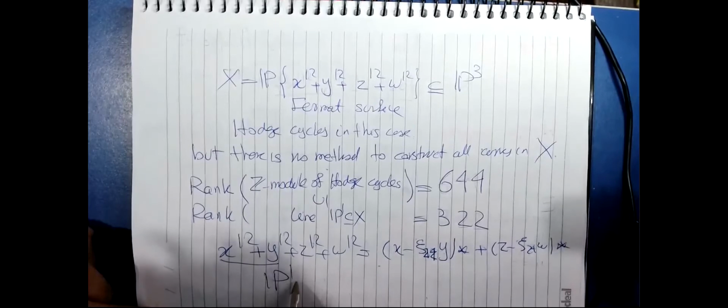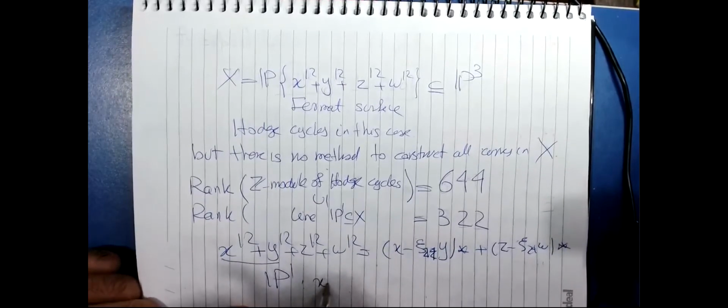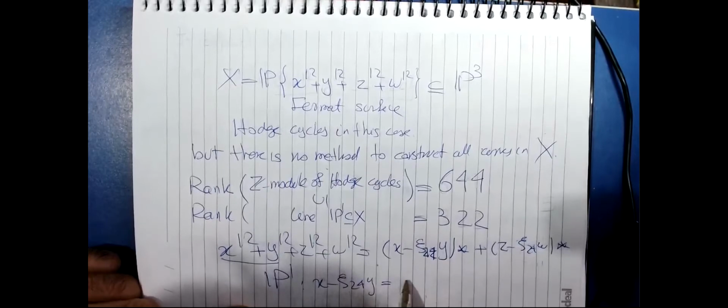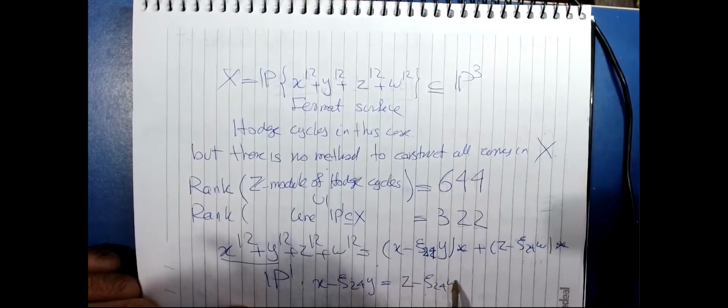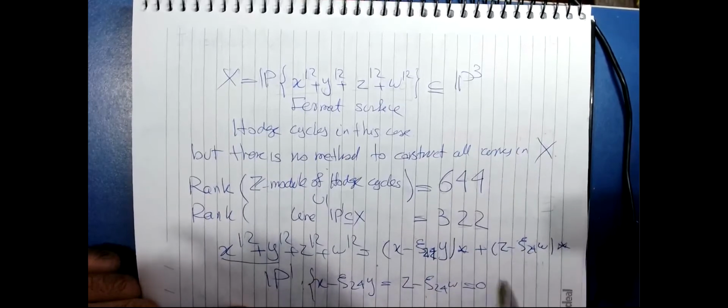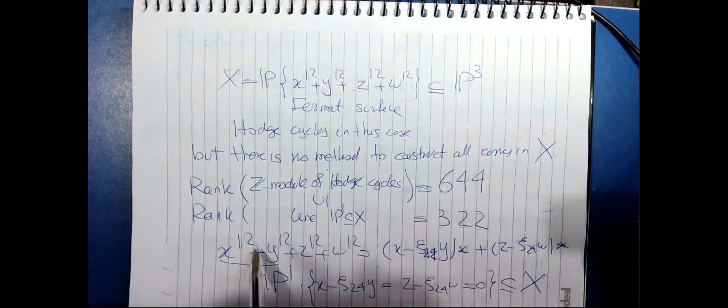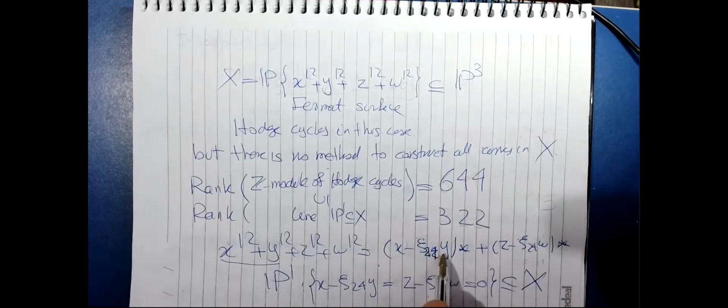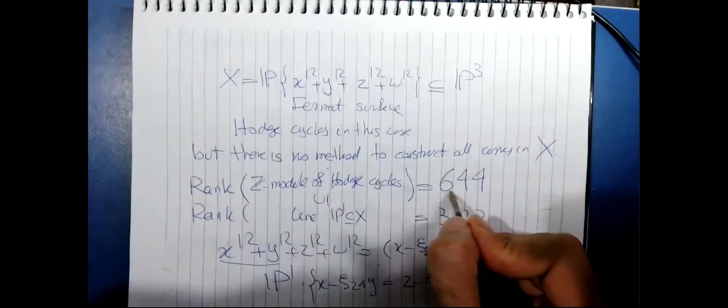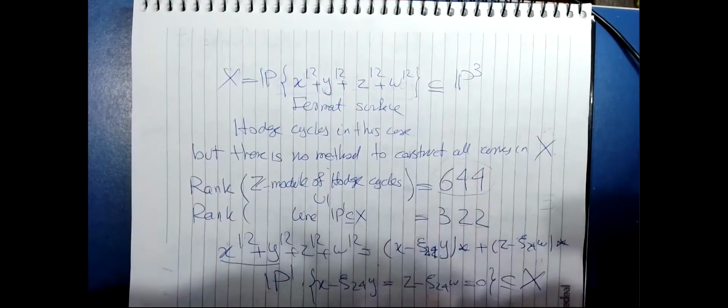So the line P1 given by x minus zeta_24 y equal to z minus zeta_24 w equal to 0 is inside the Fermat surface. Of course, we can do this with permutations of the variables and by taking more roots of unity. In the end, the rank generated by all these lines inside the lattice of Hodge cycles is 322. This means that we still have to construct more cycles in order to verify the Hodge conjecture for the Fermat surface.